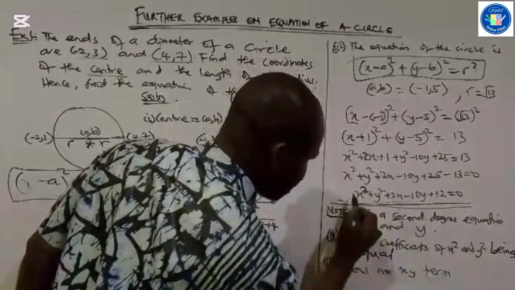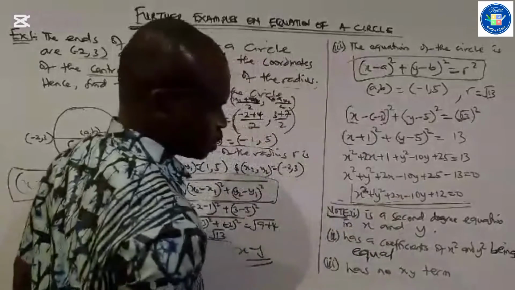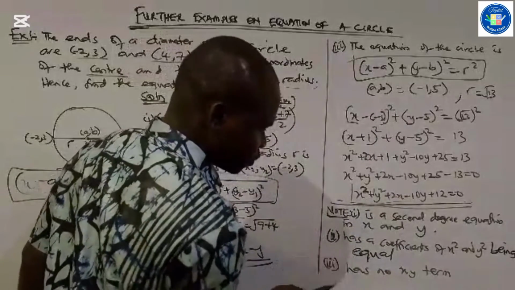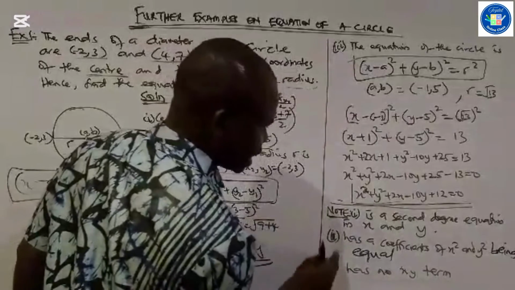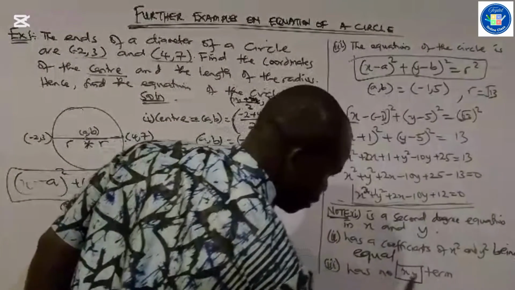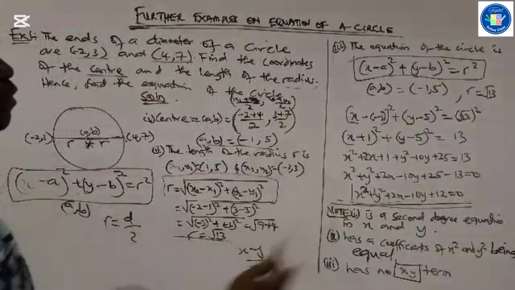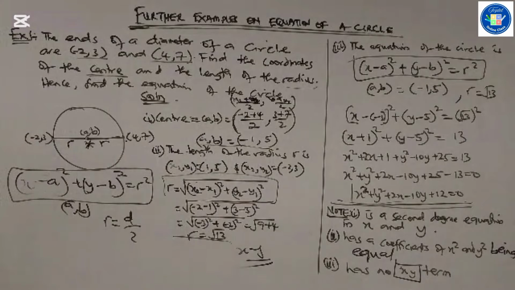The coefficient of x squared here is 1, and the coefficient of y squared here is also 1. That's the second condition that we must note. Then the third condition is that in this equation, we must not get something like x multiplied by y. It does not contain the product of x and y. So if you are given an equation, that's how to identify the equation of a circle.